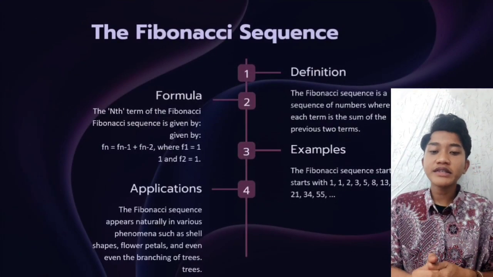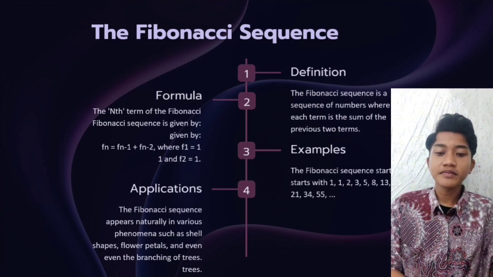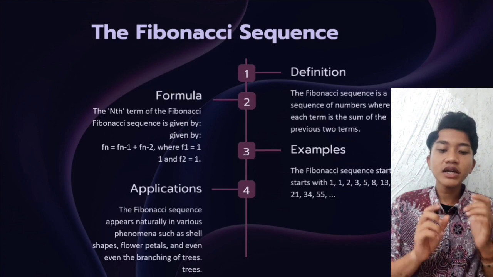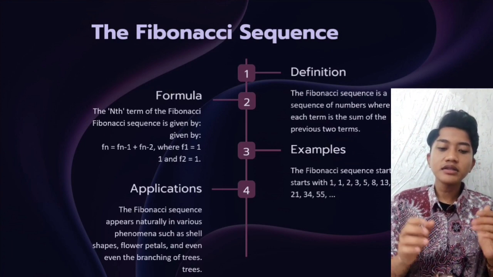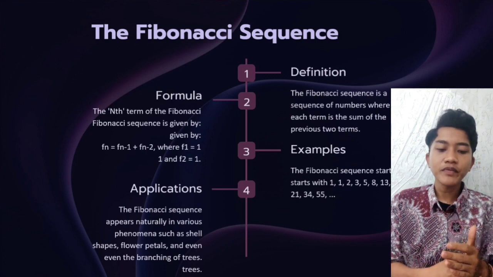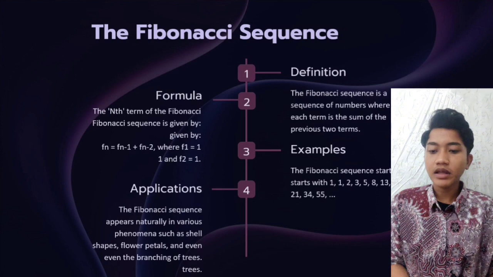The Fibonacci sequence. Number 1, definition. The Fibonacci sequence is a sequence of numbers where each term is the sum of the previous two terms. Number 2, formula.